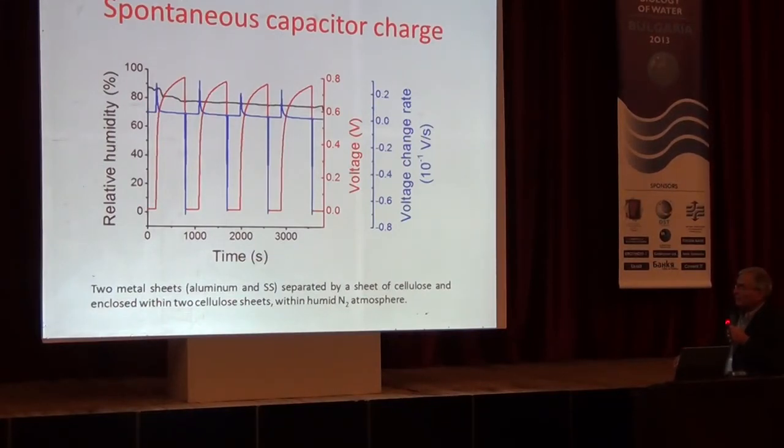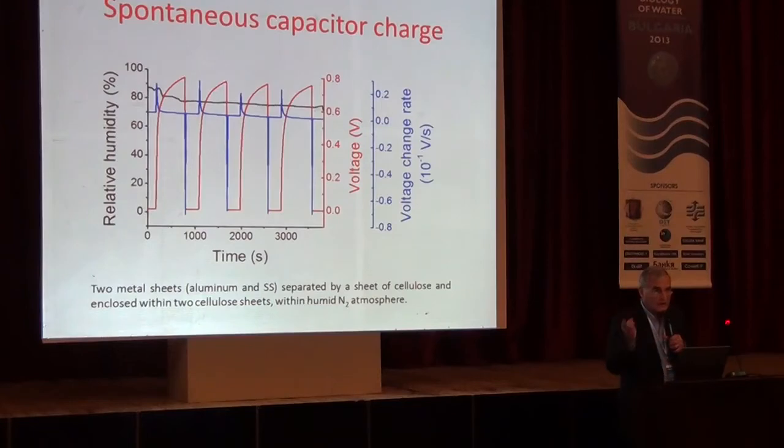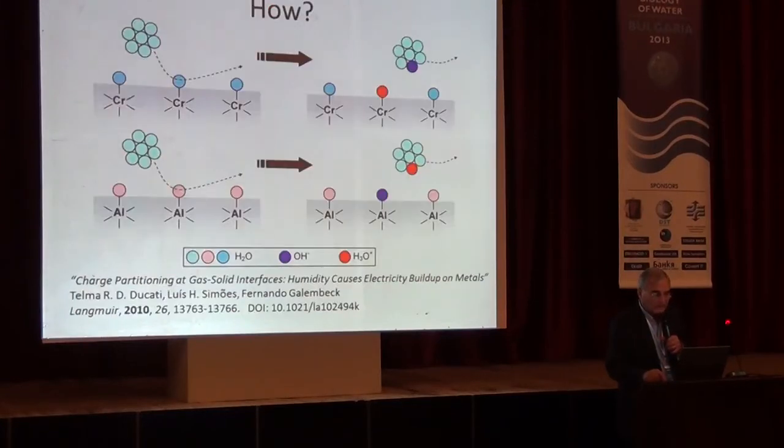So as we open the circuit, the capacitor charges itself spontaneously. We are not doing anything. Here, short circuit again. The maximum that we managed to do was 600 cycles of charge and discharge in this way.